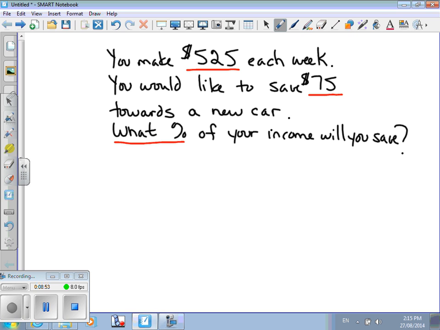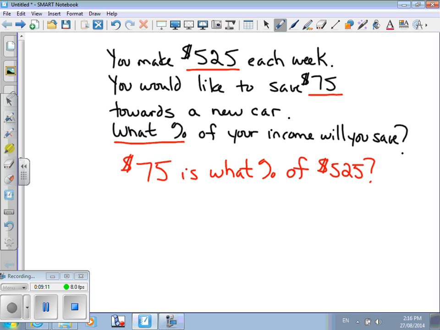So putting that into a statement, I could say $75 is what percent of $525? This is our percentage. This is our whole. And this is our part.